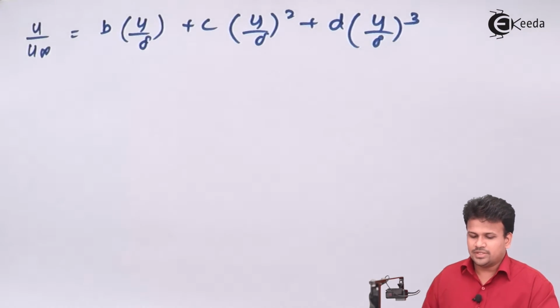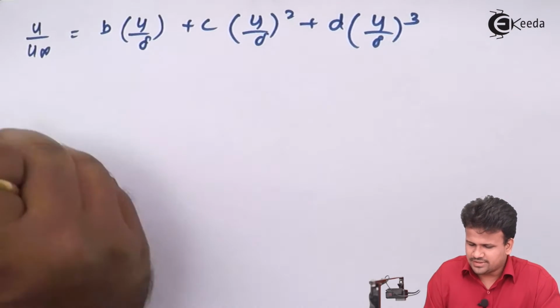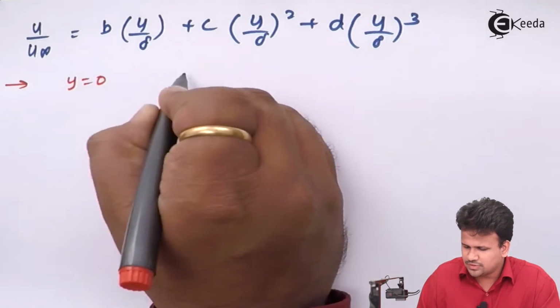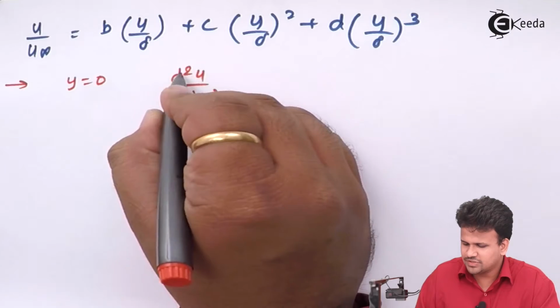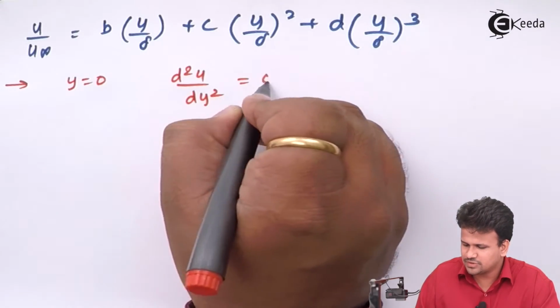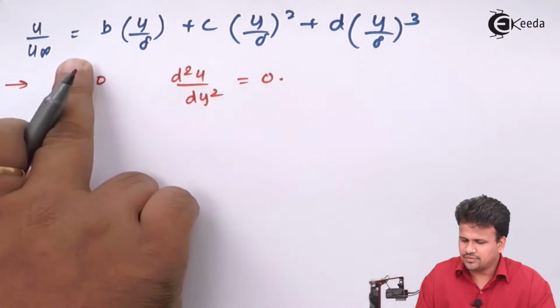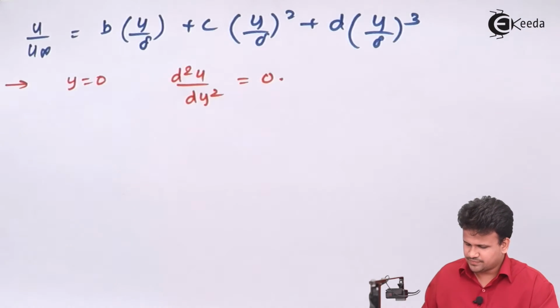Now over here we have to substitute the second boundary condition, which states that at y is equals to 0, the second derivative d square u by dy square is equals to 0. So for that we have to first differentiate this twice.